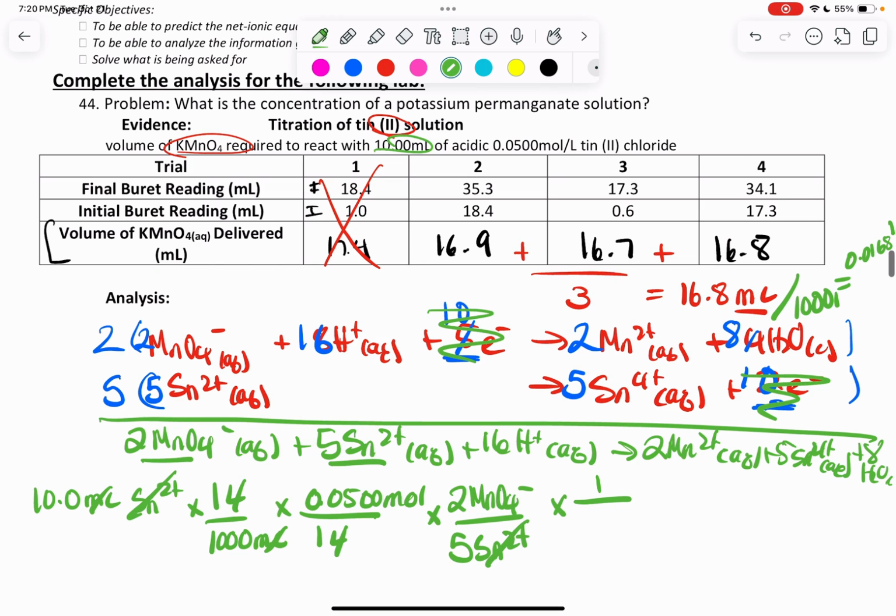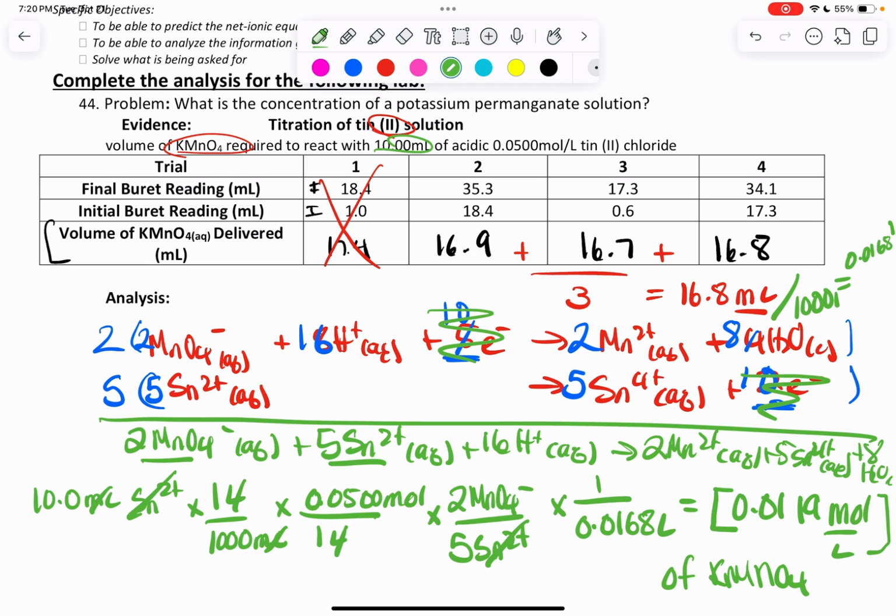So I'm going to divide everything by 0.0168 liters, which should give me a concentration. So square brackets often mean concentration in chemistry, of 0.0119 moles per liter of KMnO4.